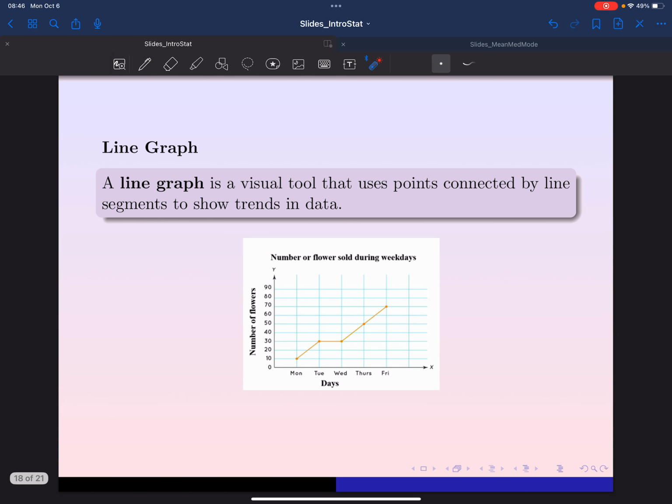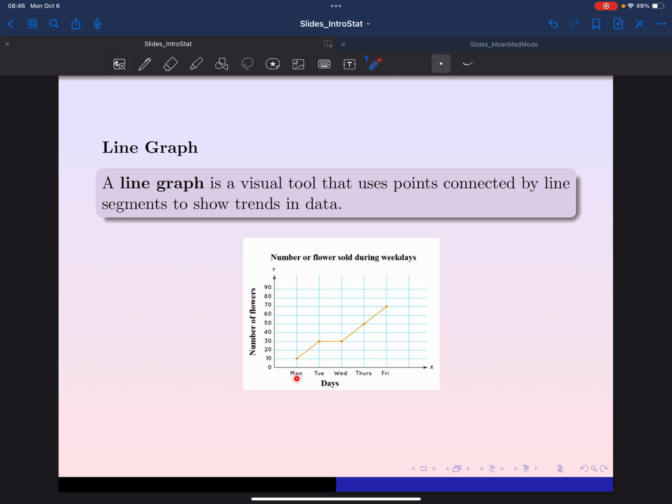And we can also represent data using the line graph. It's a visual tool that uses points connected by line segments to show the trend in data. So here we have an example: the number of flowers sold during weekdays. Here we have the number of flowers, and we have Monday, Tuesday, Wednesday up to Friday.